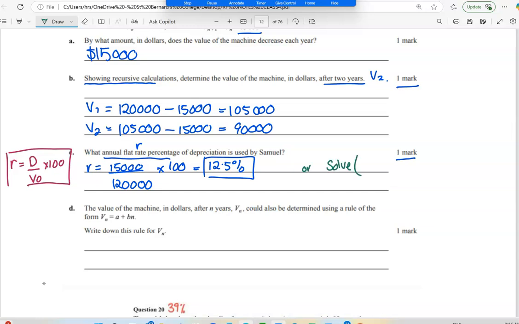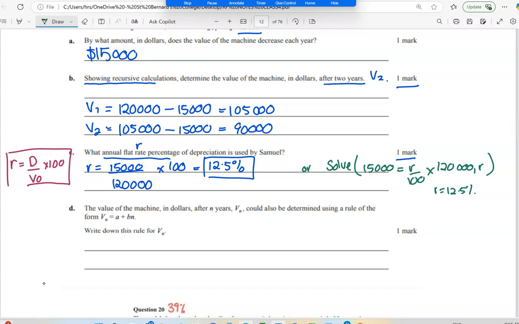But I think if we use the show way every time, we know we won't have to change what we do. They don't want to see solve when they ask you to show. You would have still got 12.5%, just to show you, because maybe you don't see it on the day.